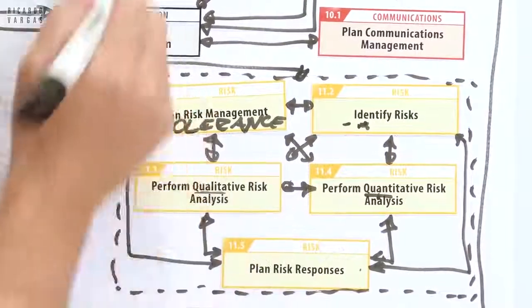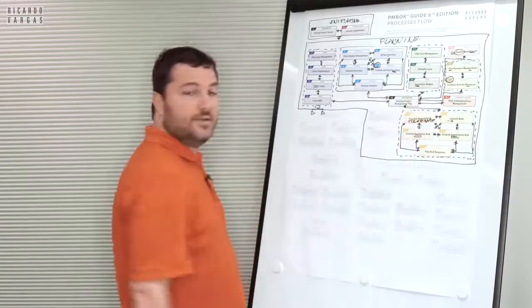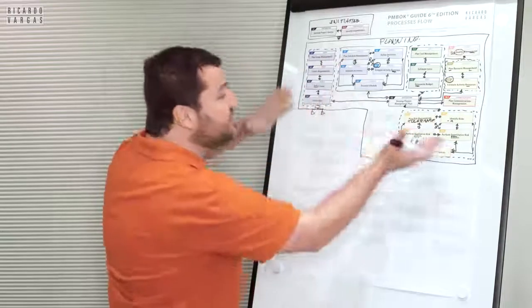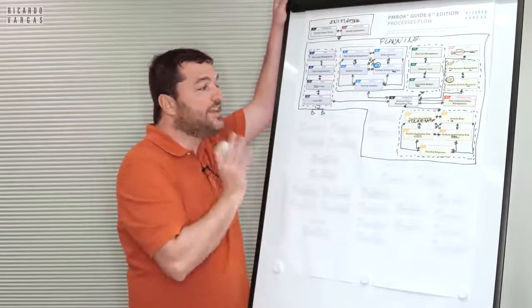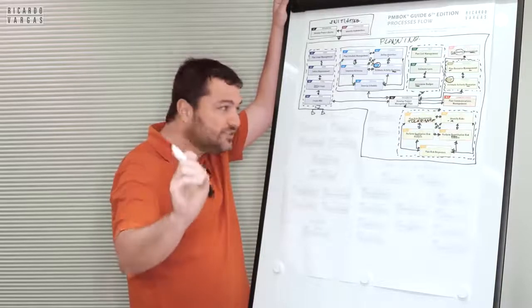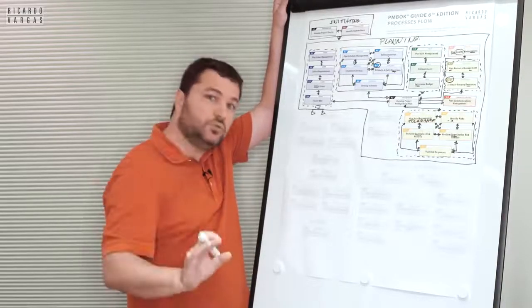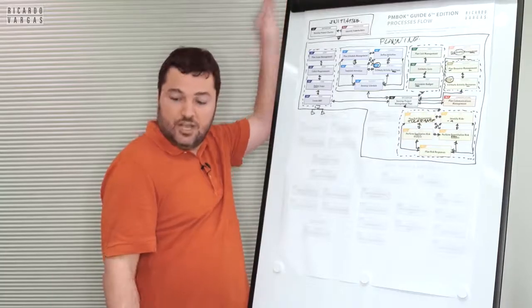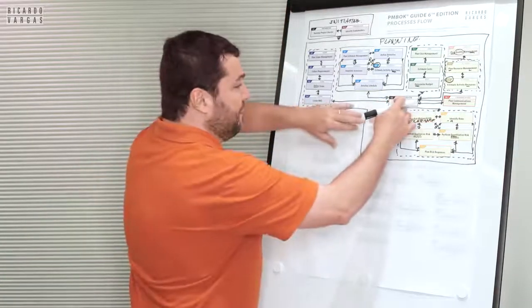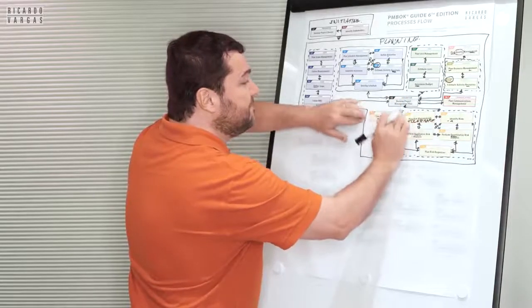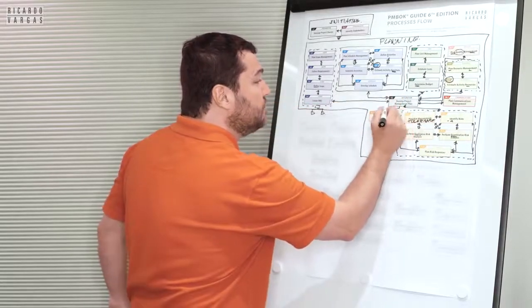To understand, okay, do I need to put more money? So remember, this is all fluid. All the processes only exist to support you to understand what you need to do.